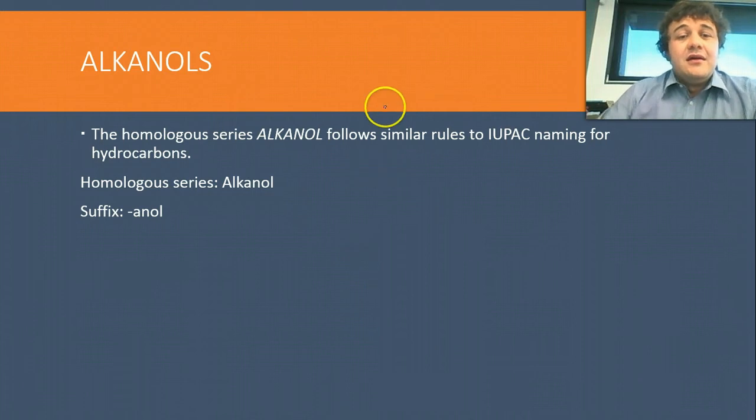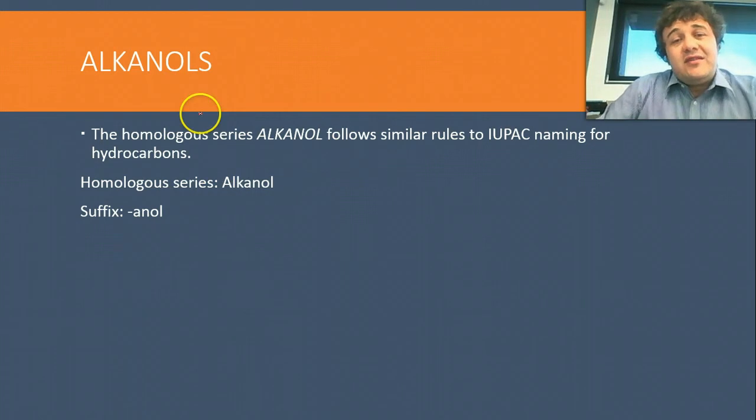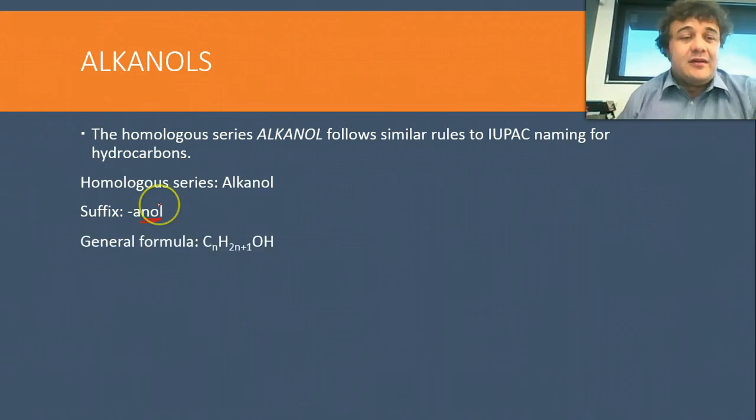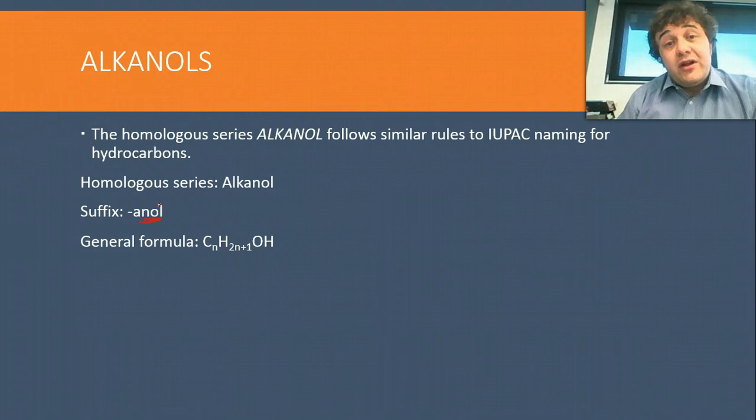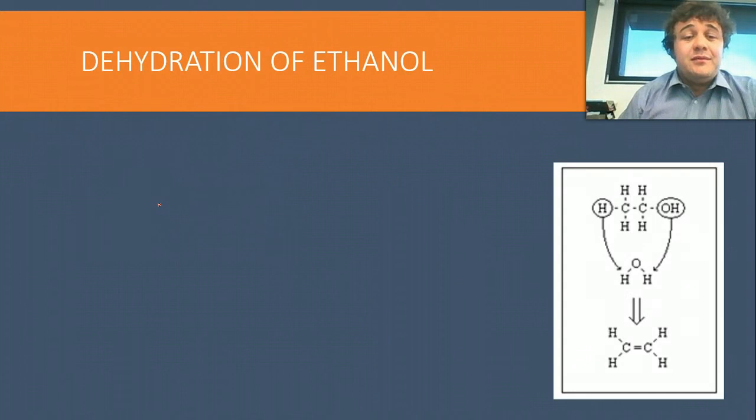Now, because alkanol is the homologous series, if it's got a double bond, alkanol is still the suffix. That's the one that takes precedence. The general formula is CnH2n+1OH. We kind of use this by now, and you should be able to work out what the alkanol is based on the general formula.